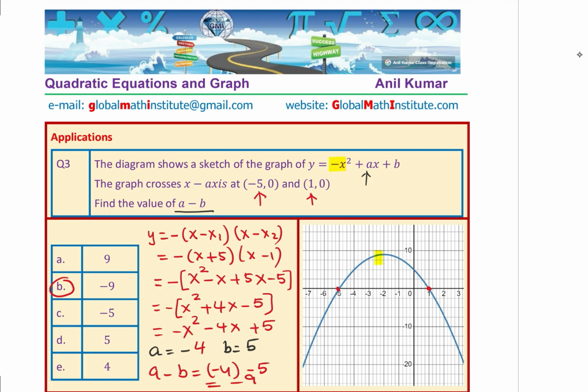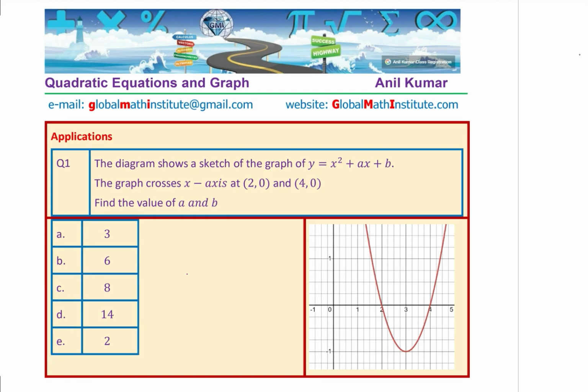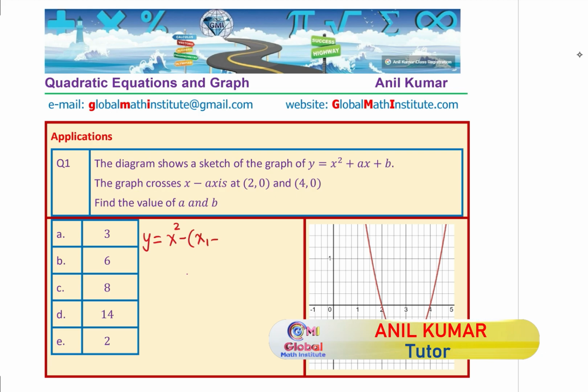So you have to be very careful if you have a graph which is opening downwards, as you can see in this particular case. So at the end of the video, can you tell me what could be a shortcut trick to answer such questions, right? So remember one thing, whenever we are given an equation, we could write this equation as x squared minus x1 plus x2, the sum of roots, plus the product of roots x1 times x2, right?